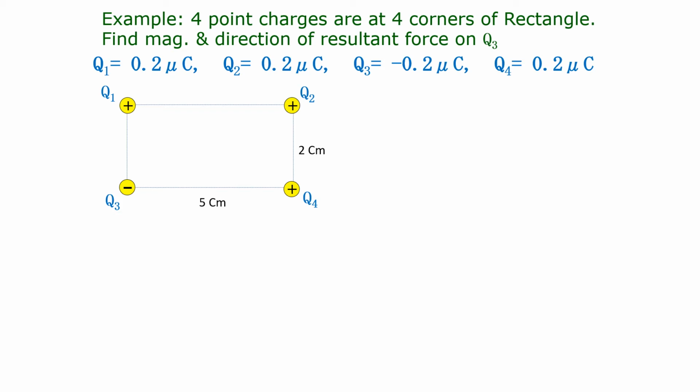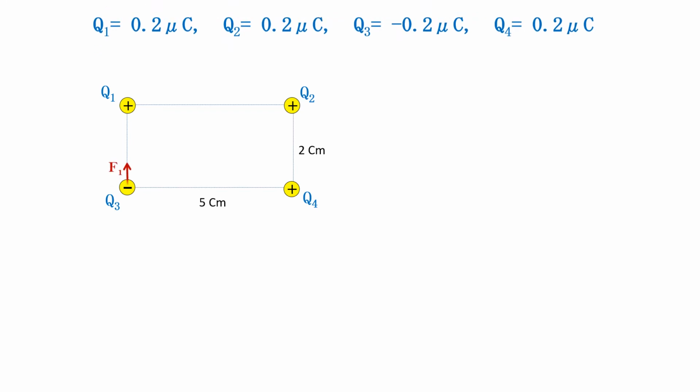The force on Q3 due to Q1 will be towards Q1. It is an attractive force. The force on Q3 due to Q2 also is an attractive force. It is shown towards Q2. The force on Q3 due to Q4 is also an attractive force. It will be towards Q4.